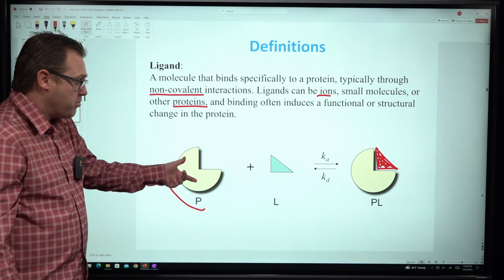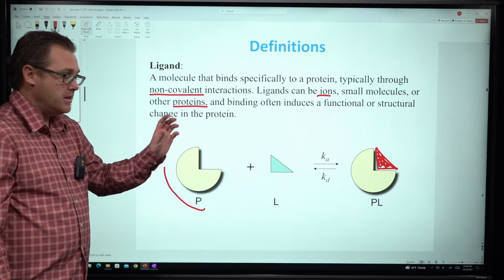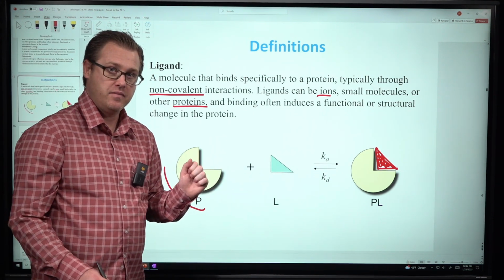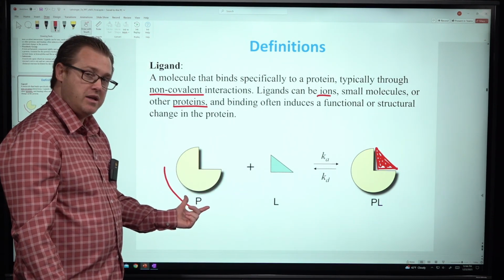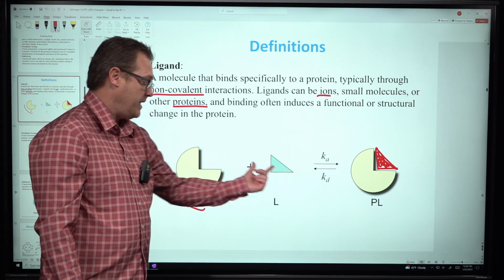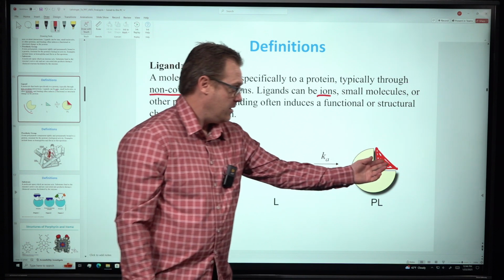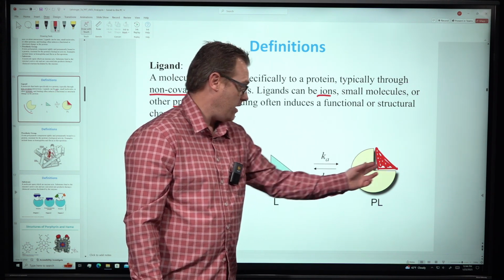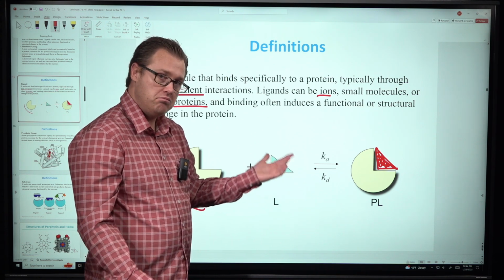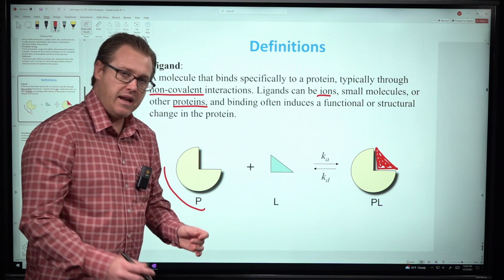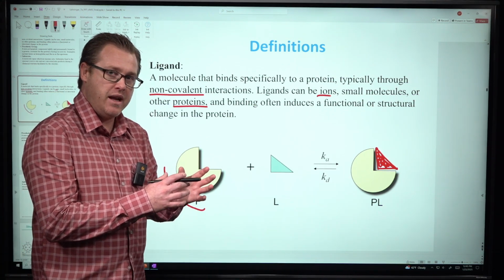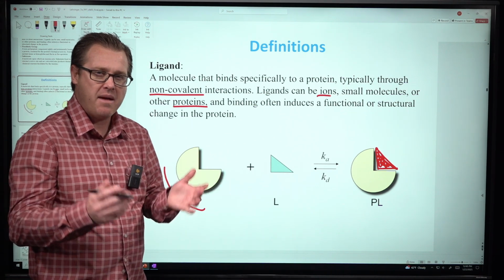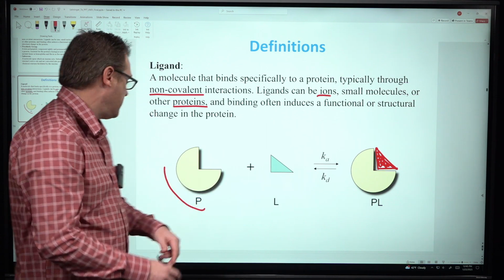But the way the protein interacts with the ligand is different. So you see here in a protein, when it binds a ligand, the ligand stays the same. Triangle, triangle. So the ligand is just binding to the protein to be transported typically, but not to have a chemical reaction done on it.